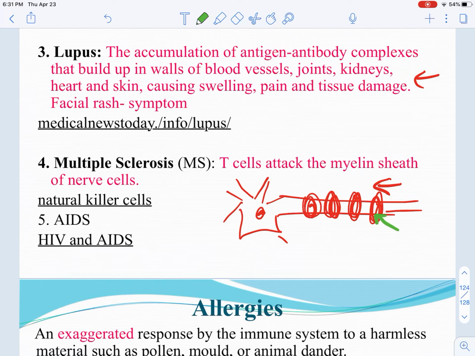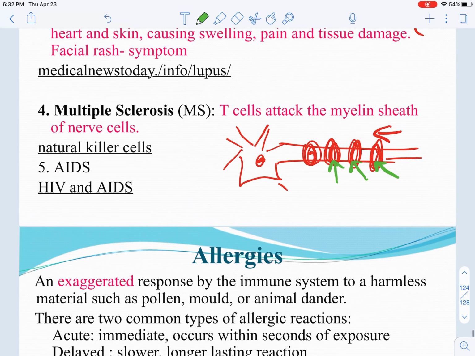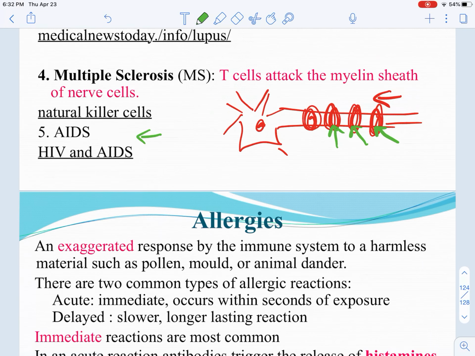And if you've got an autoimmune disorder that's MS, basically your killer T's are attacking this myelin, this coating, and so then you have short circuits in your nervous system, pain, numbness, paralysis, all these kinds of things that could be eventual side effects of MS.